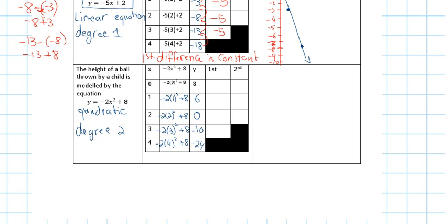Now, because it's a table of values, I'm going to have to do the first difference to see if it's linear or not. So first difference says I have to do the bottom minus the top, yes? So what's 6 take away 8? Minus 2. Negative 2. Then 0 take away 6.